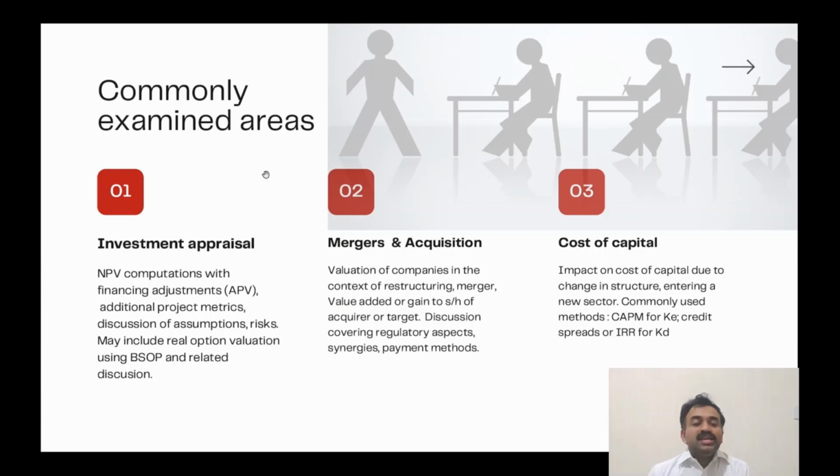Yet another important area that you tend to see almost every single time in the exam is mergers and acquisitions. This is where you could be asked to value companies. Often questions are set in the context of mergers, demergers, some sort of restructuring, and you're asked to value the individual companies as well as the combined company, and then discuss as well as show mathematically the gains to the shareholders of the individual companies, to the acquirer, to the target of going in for that merger or acquisition or demerger.